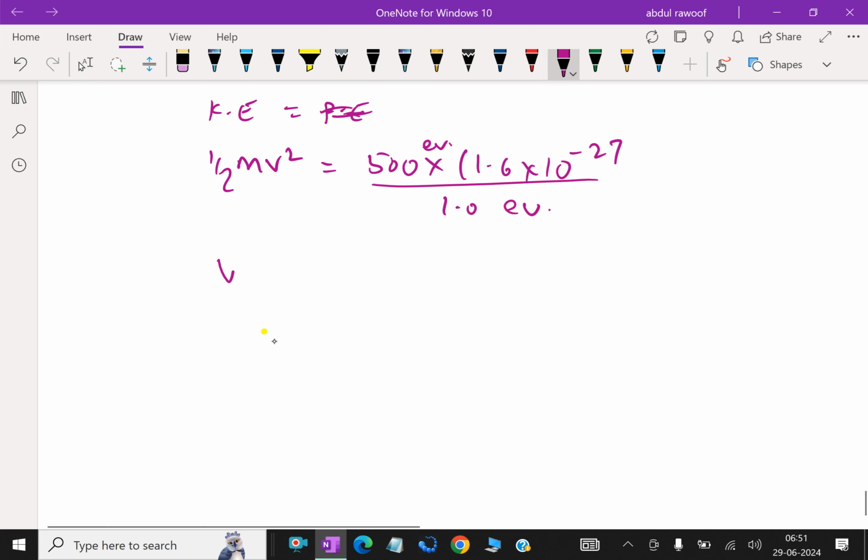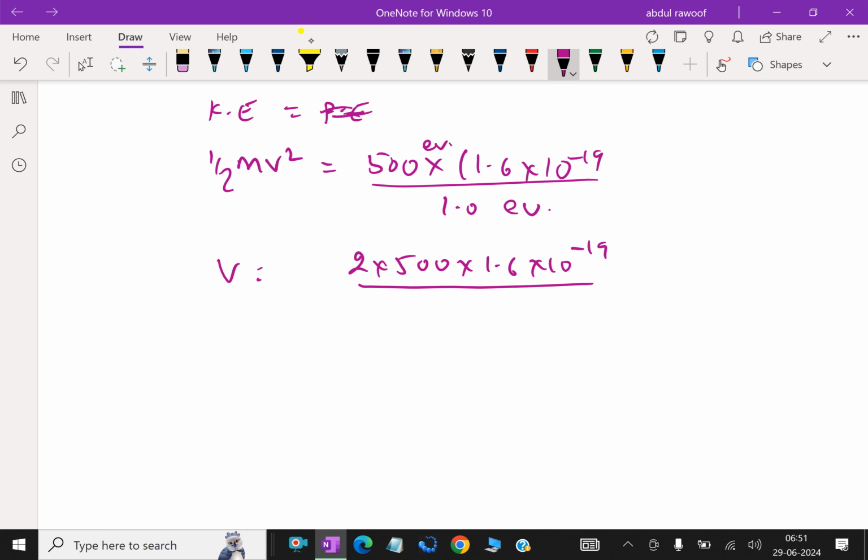The 2 will go up, so v equals square root of 2 into 500 electron volt, into 1.6 into 10 raised to minus 19, the charge of one proton.